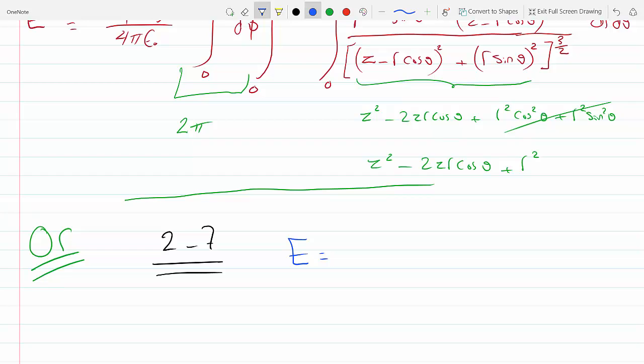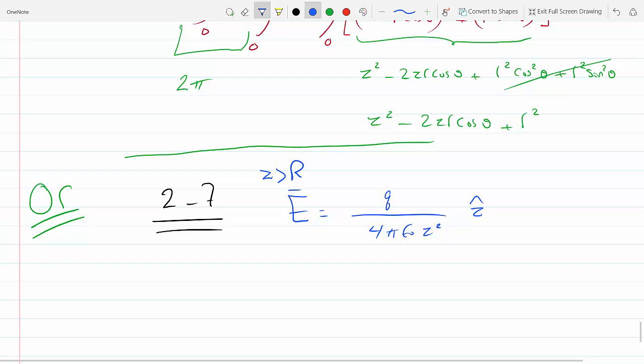I think the result was, for z greater than r, if you're outside the sphere, it looked like a point charge. So it looked like q over 4 pi epsilon z squared in the z direction.